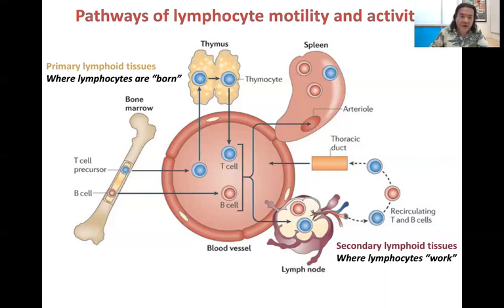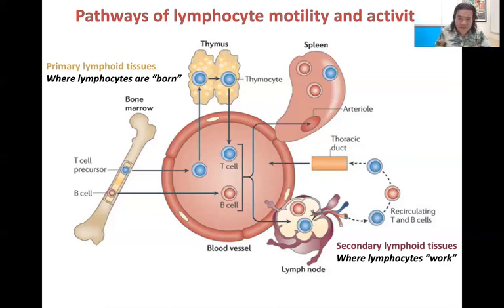All right, so this idea of passing between the lymph system and the blood, I think it begs the question: why do lymphocytes like T cells and B cells need to go through the lymph system to places like lymph nodes in order to really do their work?